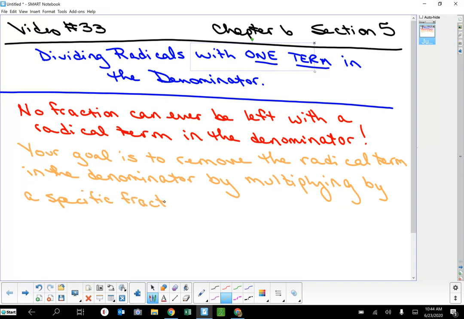We'll tell you what that is in a minute. And simplifying. Okay, so this is your goal. You are going to remove any radicals that are in the denominator by multiplying.